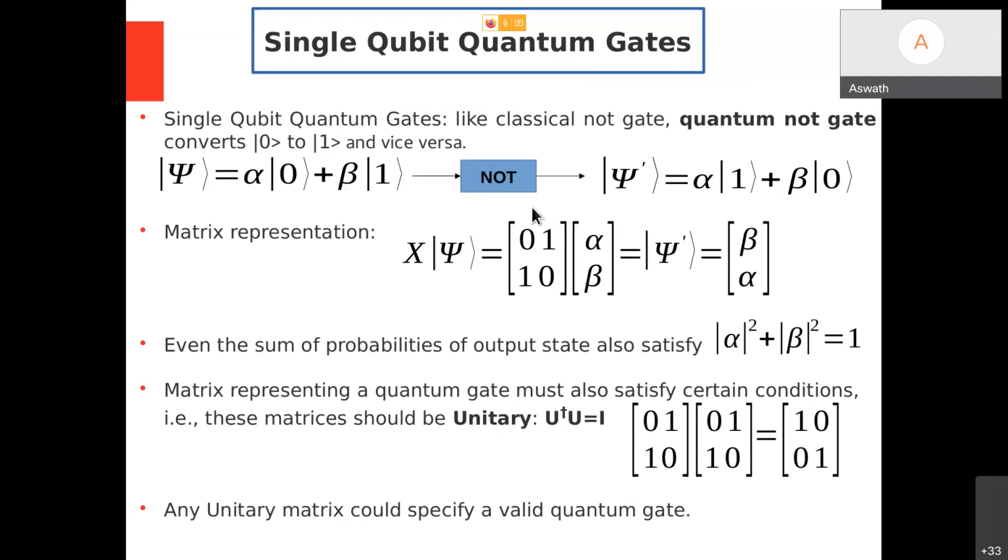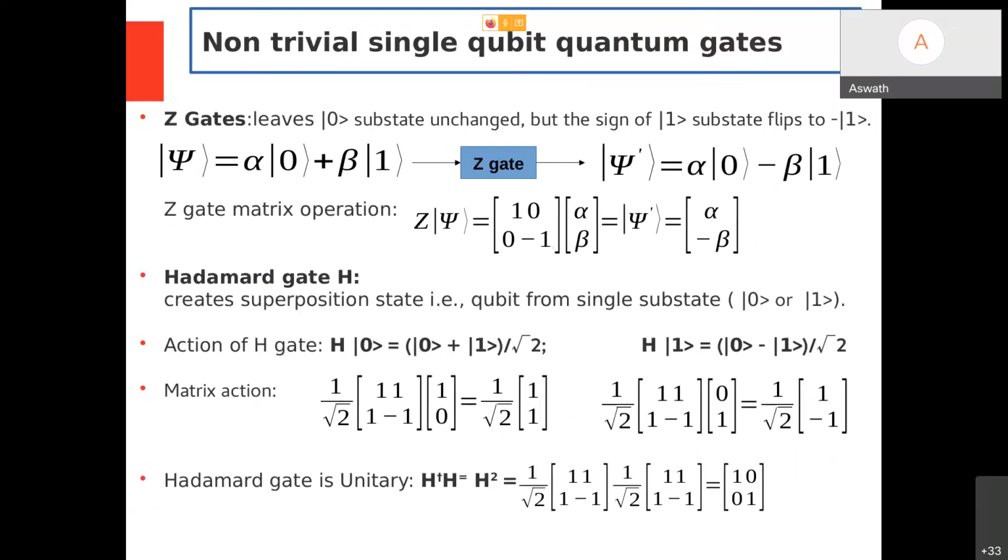Okay, so the first is the NOT gate. Let me go a little bit ahead and see what other possible gates we can have. Suppose I have a quantum state like this, and I want to change the phase of beta, to make it negative. Let's say there is some quantum gate which takes alpha beta to alpha minus beta.